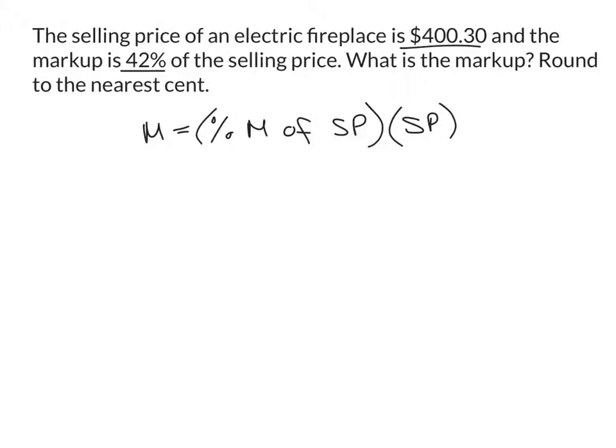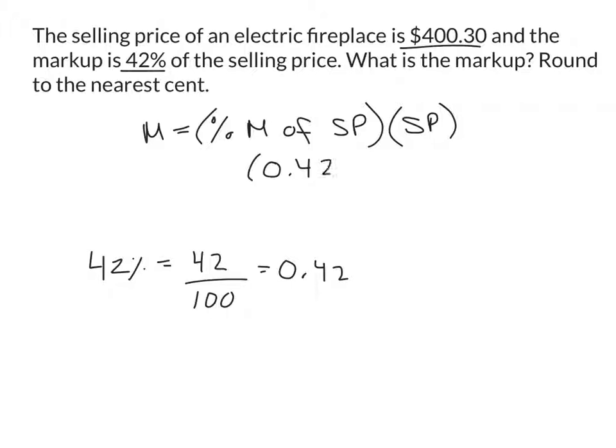So first, we want to convert the percent of markup to a decimal. So 42% is 42 divided by 100, which gives us a value of 0.42. So we'll take 0.42 and multiply it to the selling price, which is 400.3.